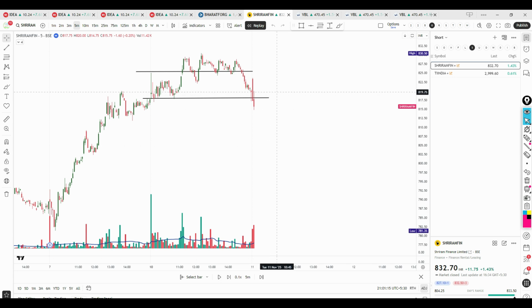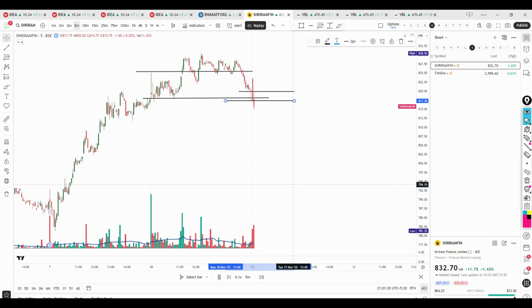What happened? As I mentioned, this is the retracement it comes. Then the moment it goes there, initiate the trade. This is the 9:20 candle.